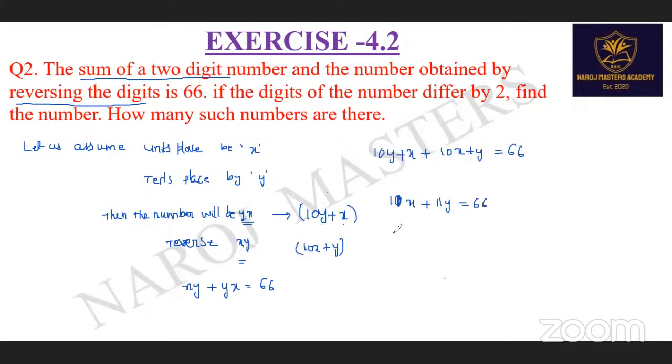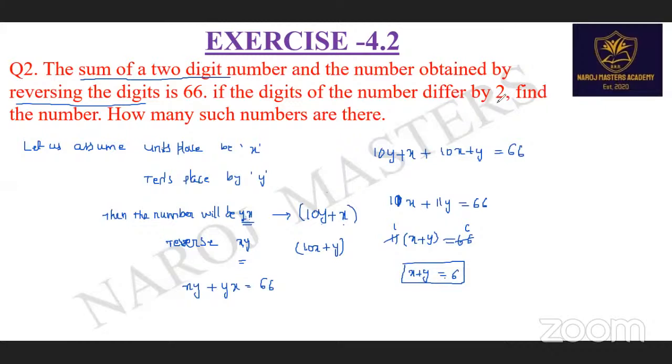So take 11 common here. So x plus y into 11 is equal to 66. 11 sixes are 66. So x plus y is equal to 6. So this is our equation.